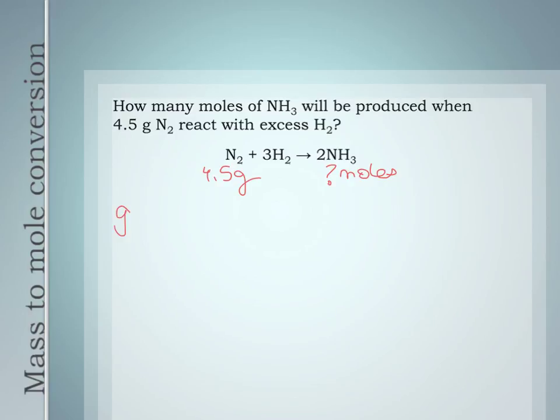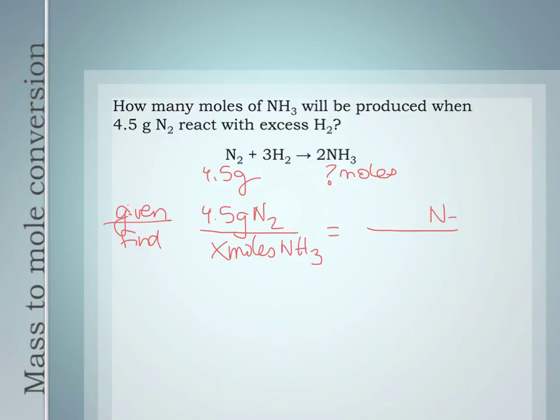So given, find, so we're given 4.5 grams of N2, and we're looking for X moles of NH3. All right, so N2, NH3. Notice I'm putting those in first so I don't mess it up.